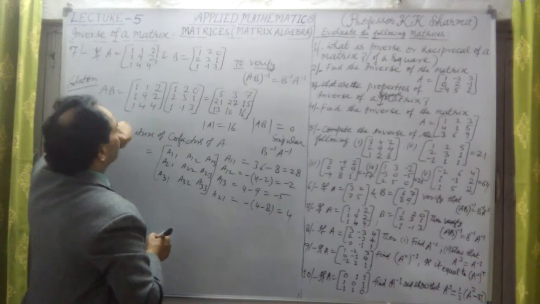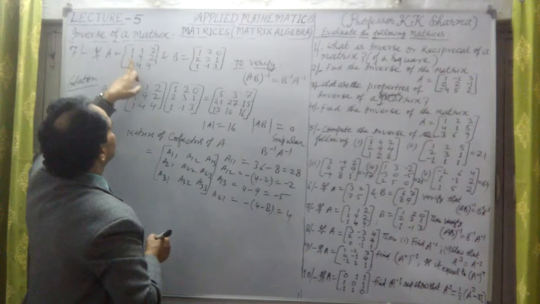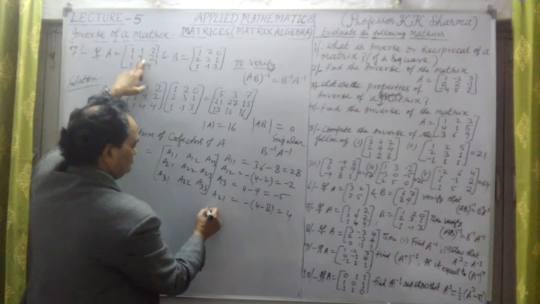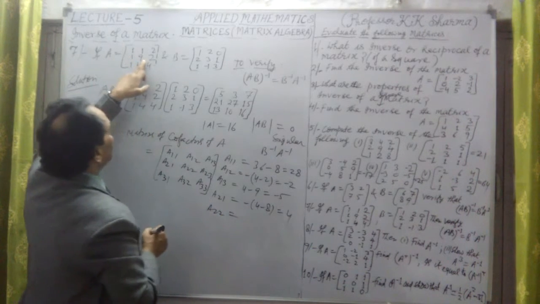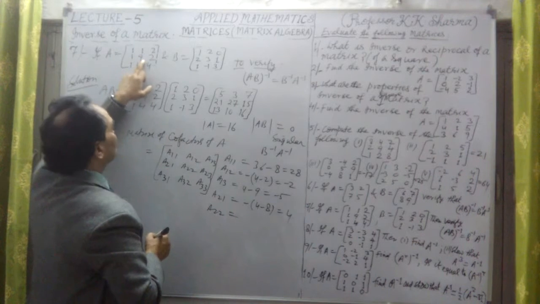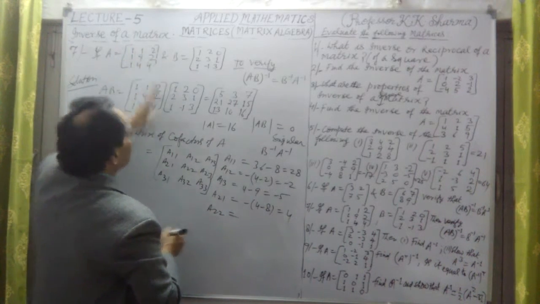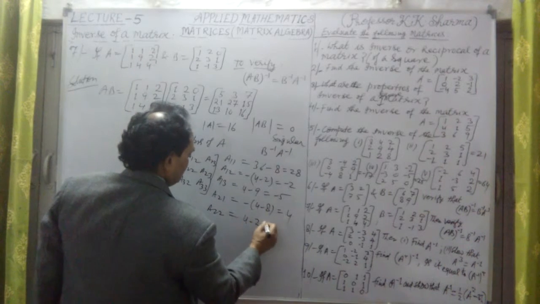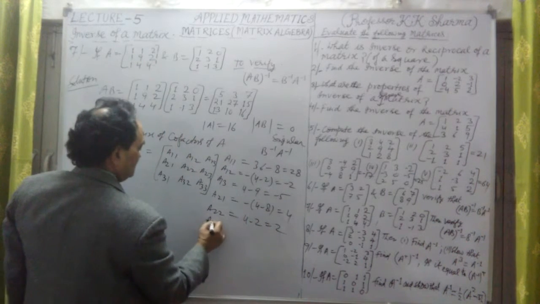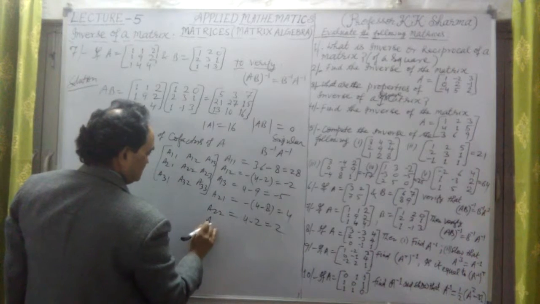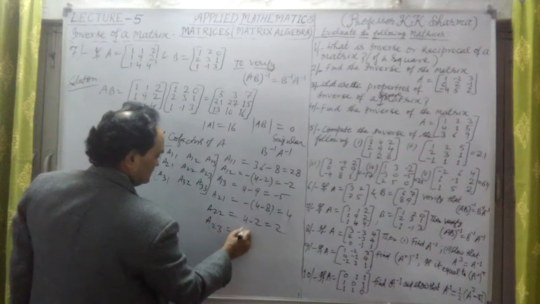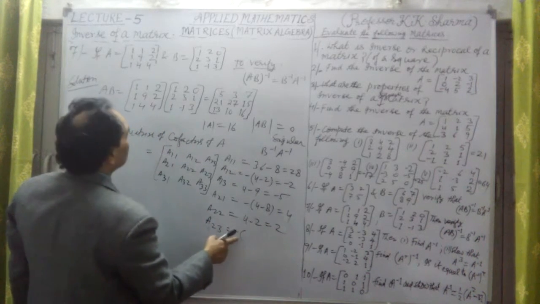Then we have calculated A22. A22 means the cofactor of 9. This is 4 minus 2, that is 2. Next, A23 is negative because of the odd position.